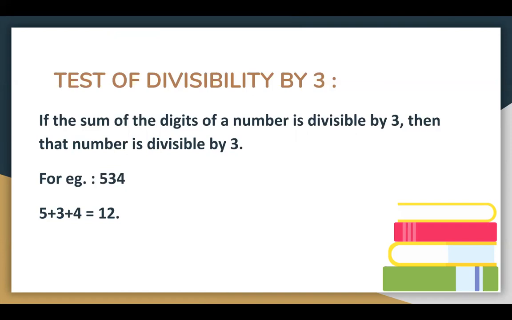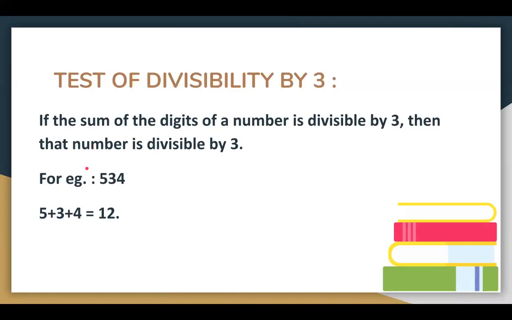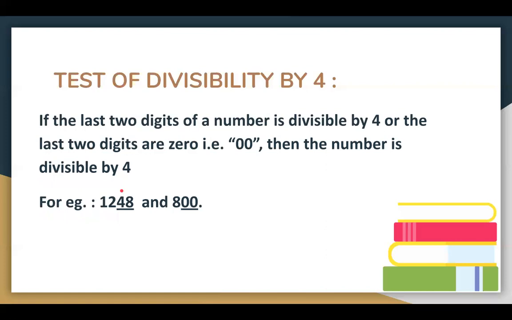For example, in the number 534, if you do the sum of the digits, that is 5 plus 3 plus 4, you will get 12, which is divisible by 3. Therefore, you can say 534 is also divisible by 3. Let's see the next test.